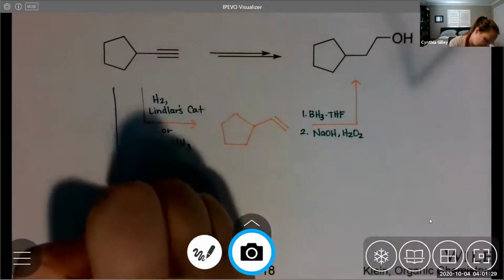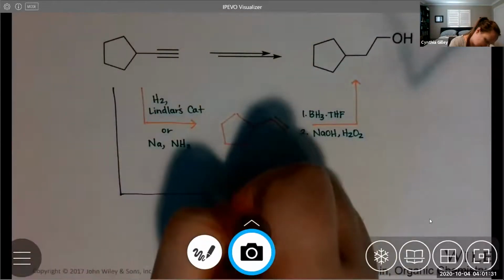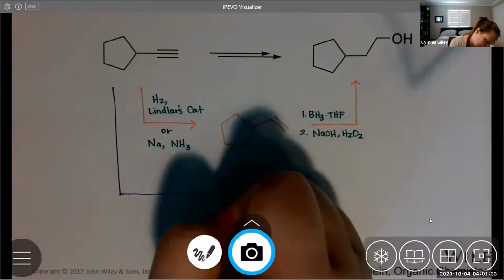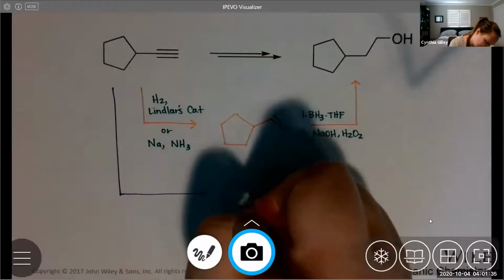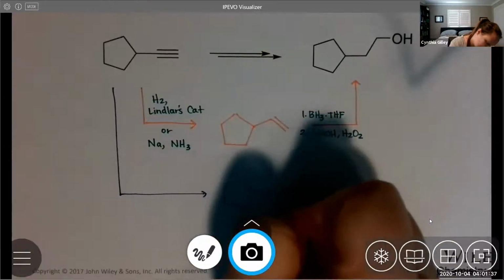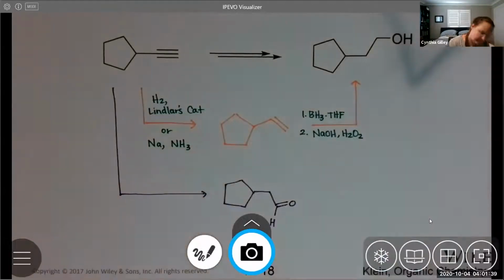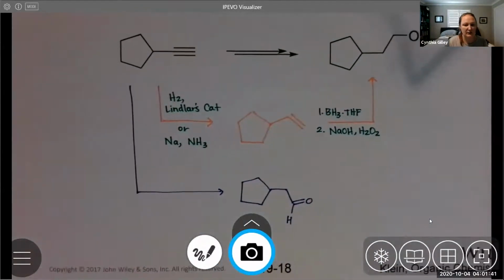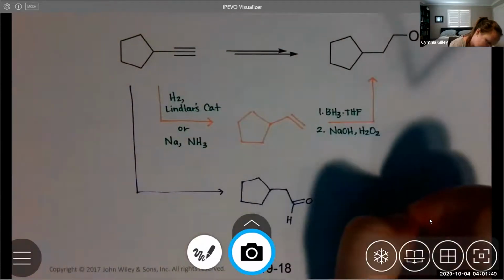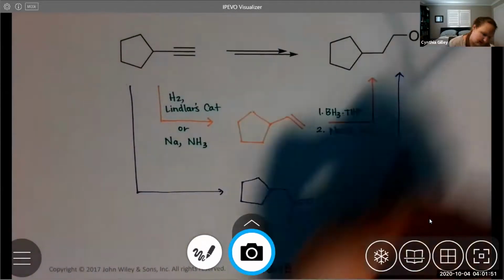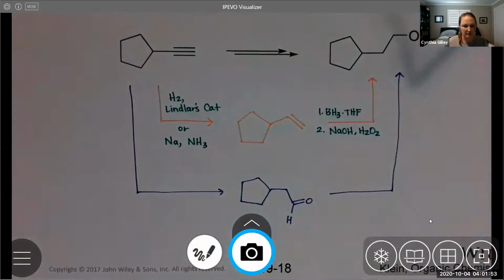So our key intermediate is going to actually be an aldehyde, right? So we're converting this terminal alkyne to an aldehyde. Make sure you don't add or subtract any carbons. And then we're going to be reducing that aldehyde down to a primary alcohol.